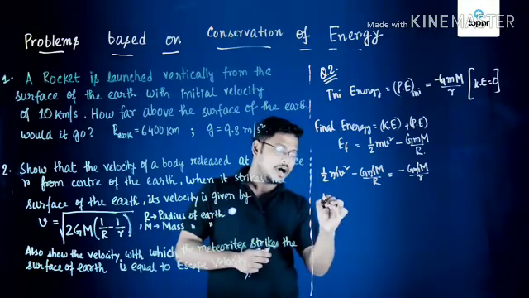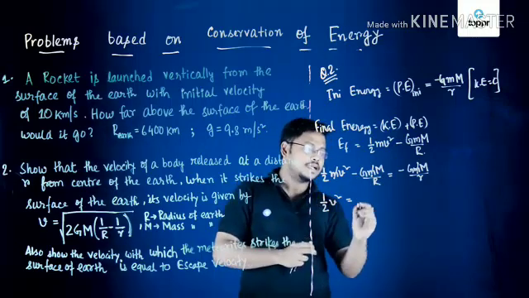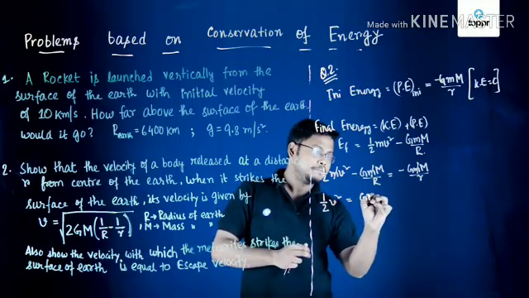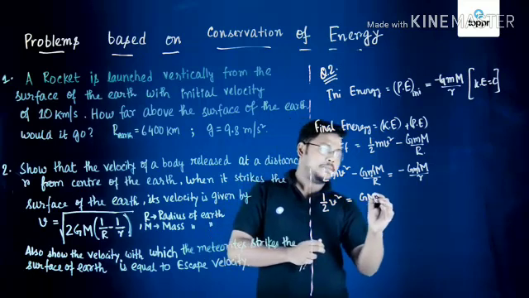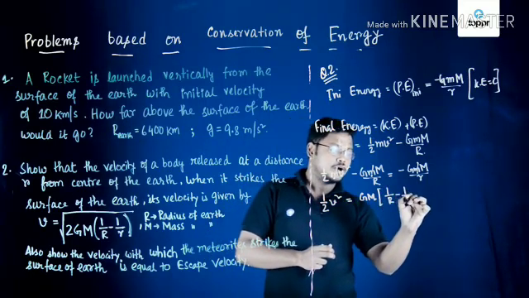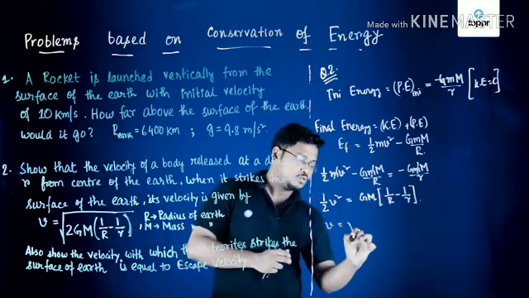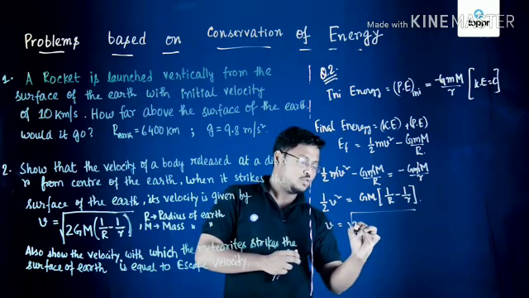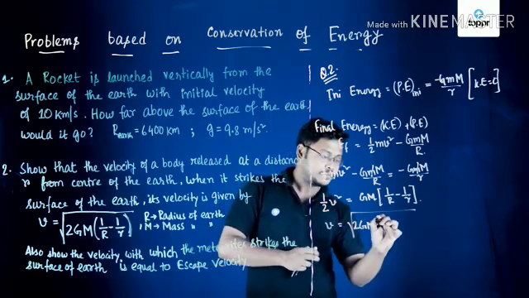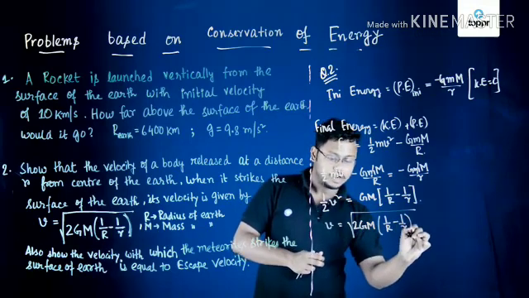I am left with half of v square equal to, if we take the GM to that side, GM times (1 by R minus 1 by r), and we can write v equals square root of 2GM (1 by R minus 1 by r).